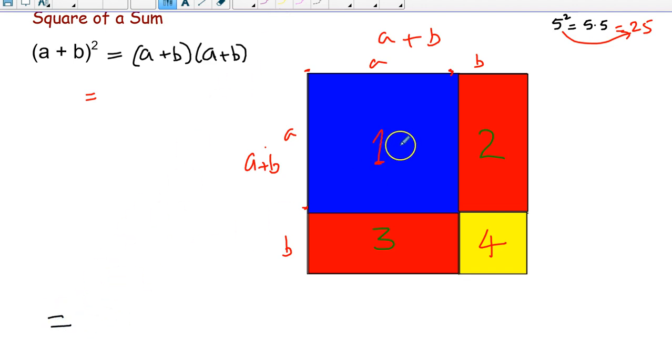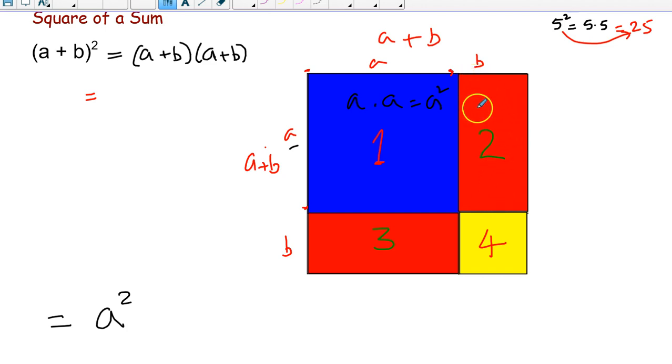Alright, now what is the area of the first piece? It is a square, and the side of the square is a. Now a times a is what? a times a gives you a square. So I'll write the area of the first piece, the blue one, is a square. Now what about this rectangle, the second piece?